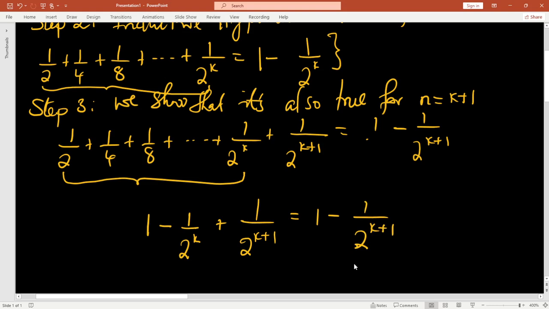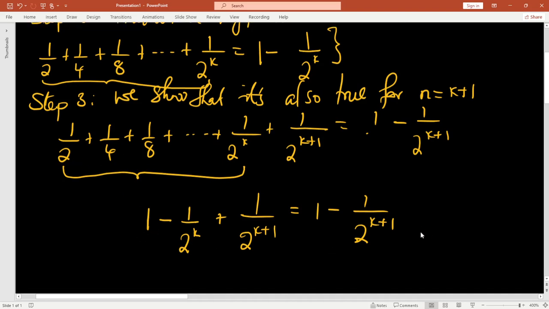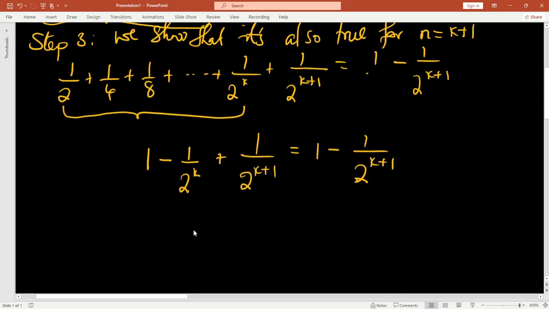Okay, so then we need to make this a single fraction. Let's try and make this a single fraction on the two sides.